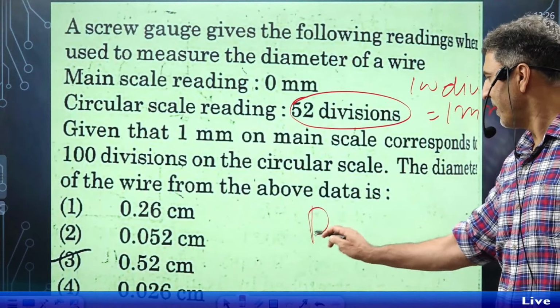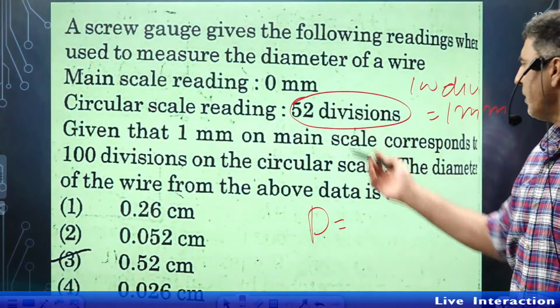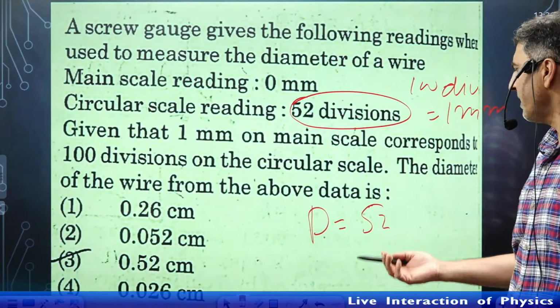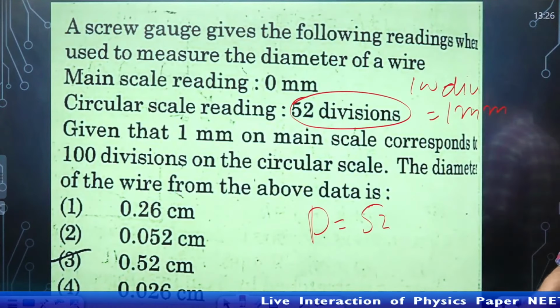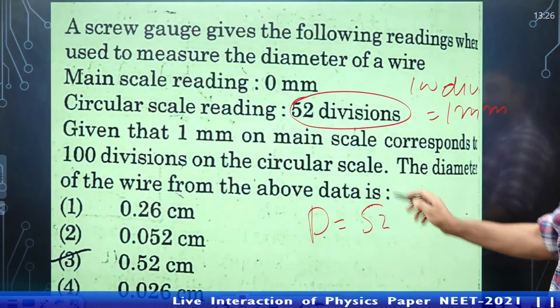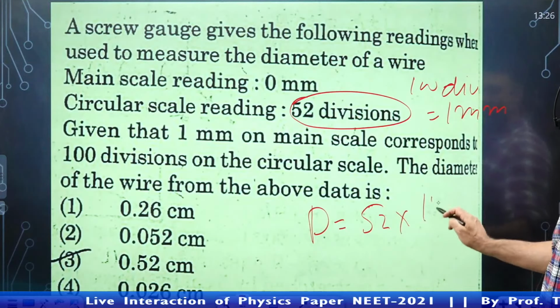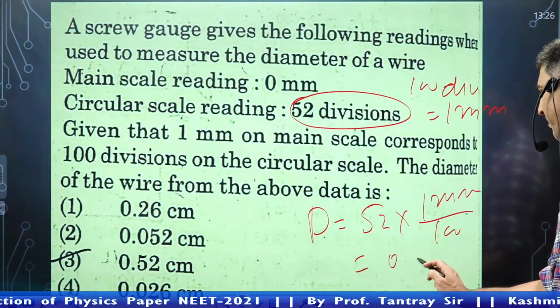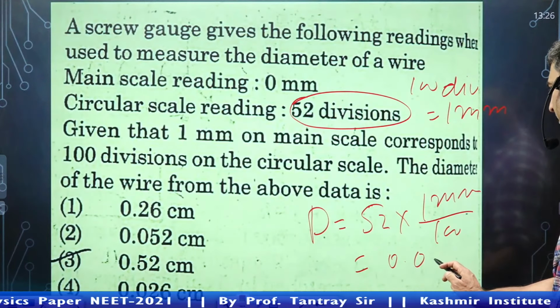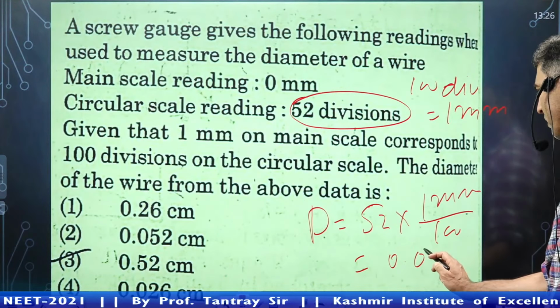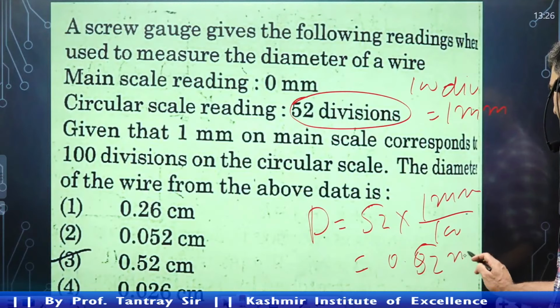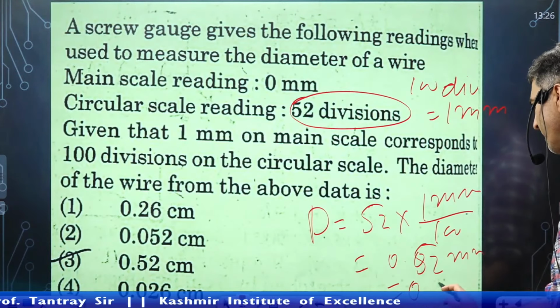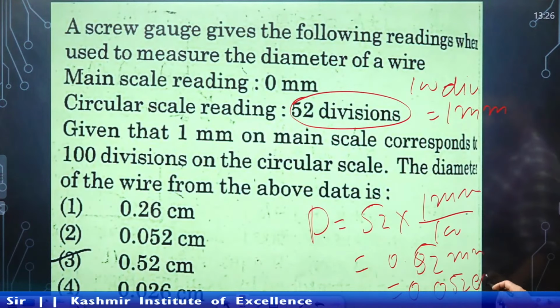So diameter should be equal to 52 divisions, nothing added, because there is no zero correction. 52 divisions. But what is 1 division? 1 millimeter by 100. That is 0.52 millimeters, that is 0.052 centimeters.